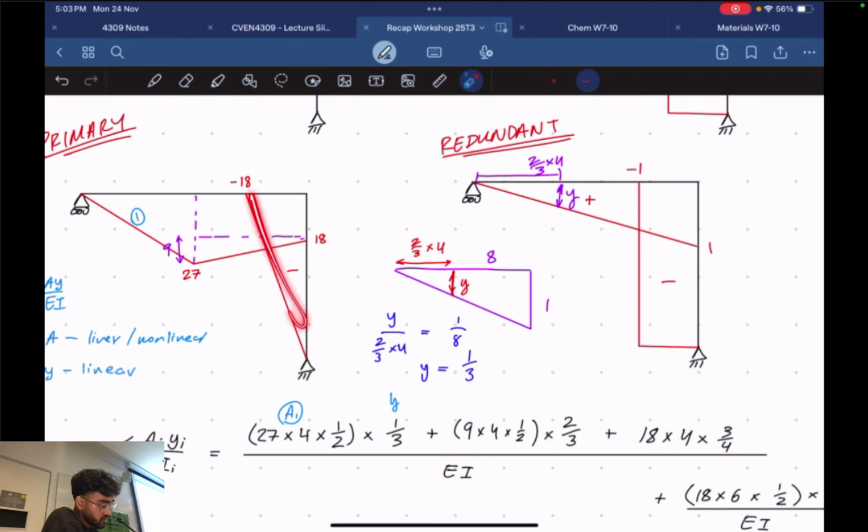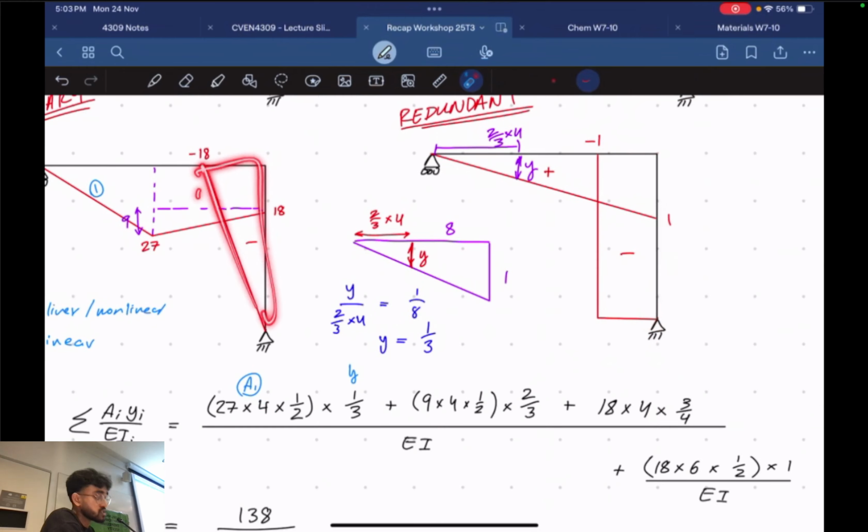And then I also did the same thing for this shape here. In this case, you don't even have to find the centroid, because no matter which value you take, your bending moment is going to stay constant at 1 or minus 1. Yep. And by the way, I've changed this to a plus because this bending moment is negative, this bending moment is negative, negative times negative, you get what?